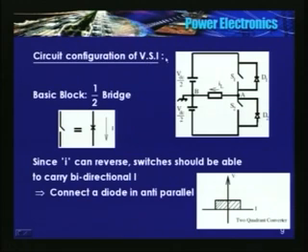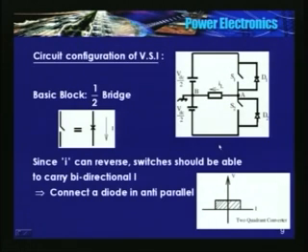Voltage source inverter, VSI: polarities of the input voltage source cannot reverse, but current should be able to reverse. So therefore, there is a switch here. If I close this, current flows in this direction.